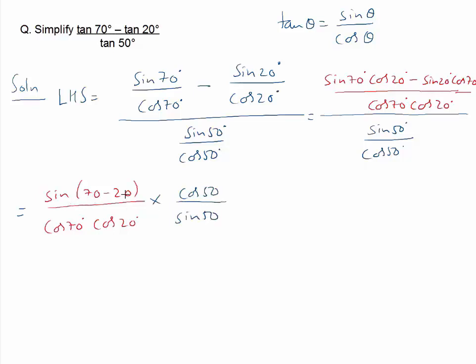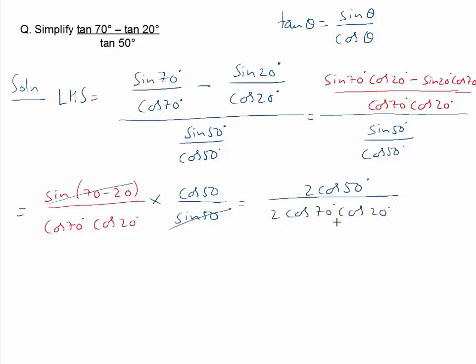Now sine of 70 minus 20 is sine 50, so this will get cancelled, and we'll be left with cos 50 by cos 70 cos 20. Now we can multiply 2 on both numerator as well as denominator, so this will become 2 cos 50 degrees divided by 2 cos 70 degrees cos 20 degrees.